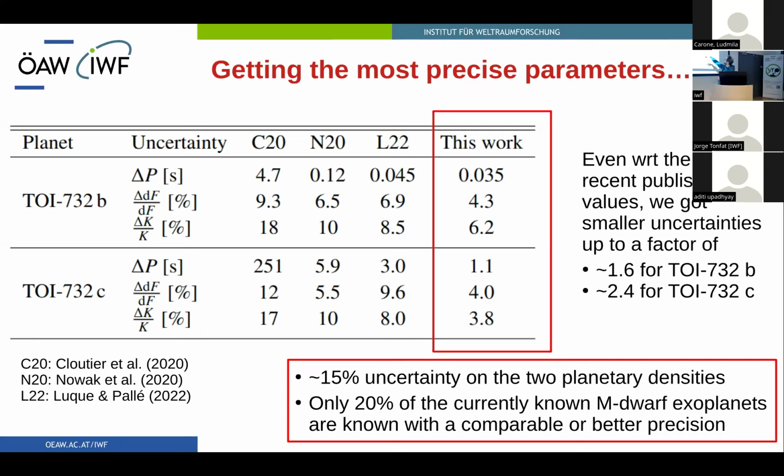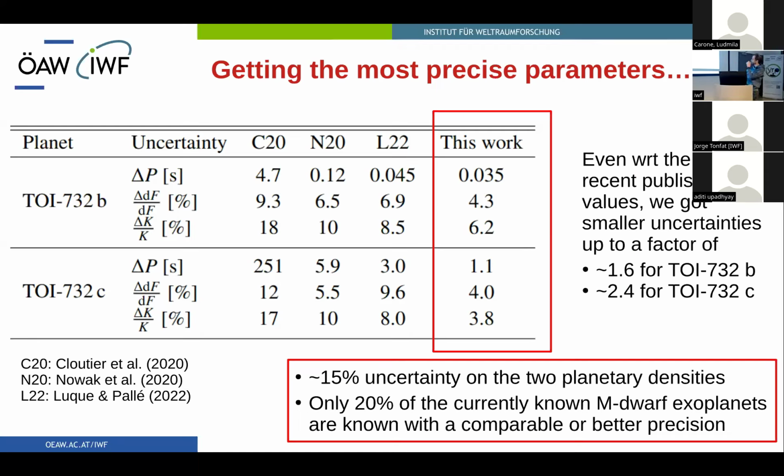And then the last column is our work. So essentially, the uncertainty on the orbital period is way less than 1 second for planet B and around 1 second for planet C. About the relative uncertainty on the transit depth, we have around 4%, and the relative uncertainty on the RV semi-amplitude, indicated with K, is 6% for planet B and 4% for planet C.